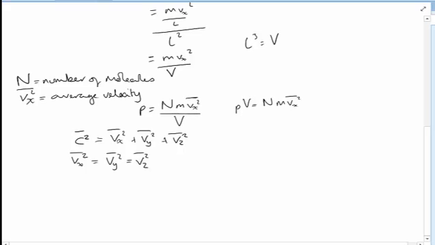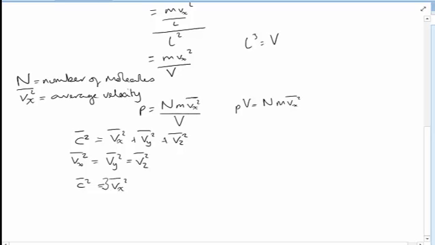So that means that c squared bar is equal to Vx squared bar plus Vx squared bar plus Vx squared bar. So c squared bar is equal to Vx squared bar times 3.